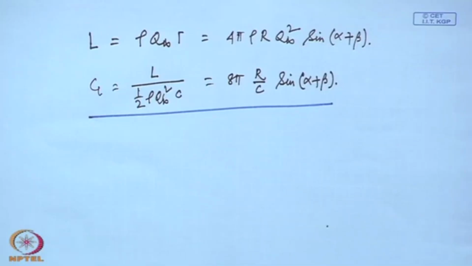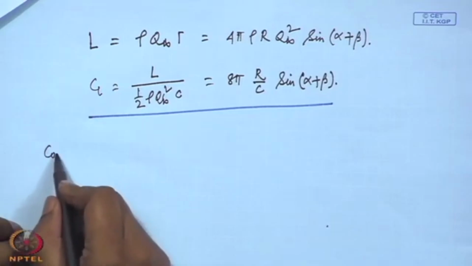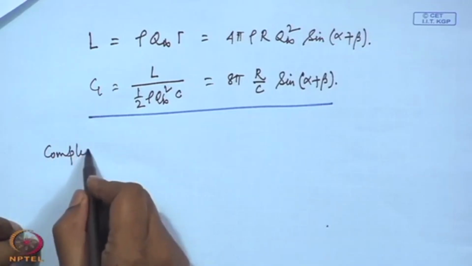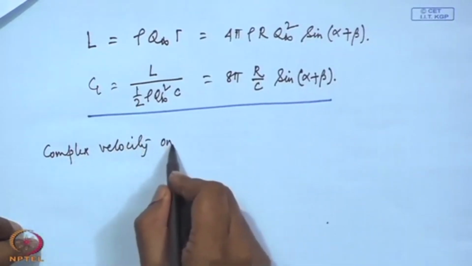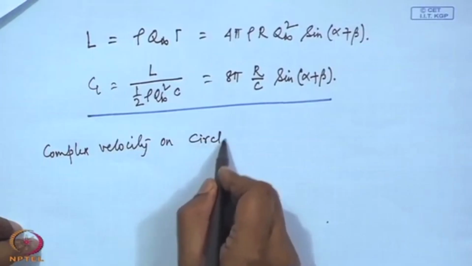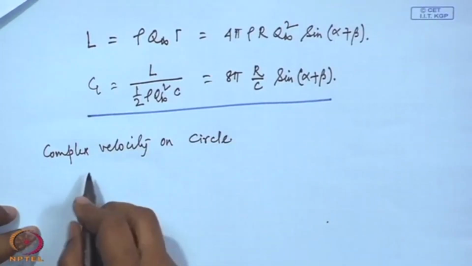Now, let us find the velocity at any other point. What should be the velocity? Now that we have the circulation known, what will be the velocity at any point on the surface of the circle, then on the surface of the airfoil. So, the complex velocity on the surface of the circle, what do we have?